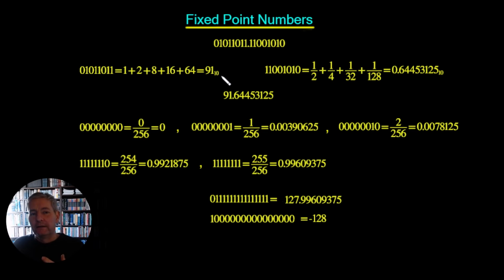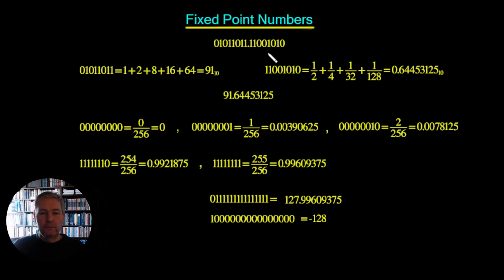Now the change is in the fractional part. So in the fractional part, we're going to have 8 bits. Now the first bit is going to represent 1 upon 2. Then we're going to get 1 upon 4, 1 upon 8, 1 upon 16, 1 upon 32, 1 upon 64, 1 upon 128, and 1 upon 256.